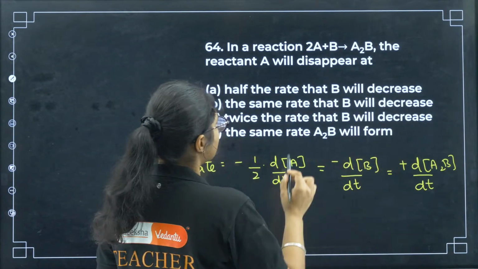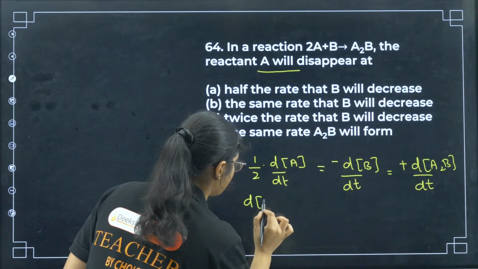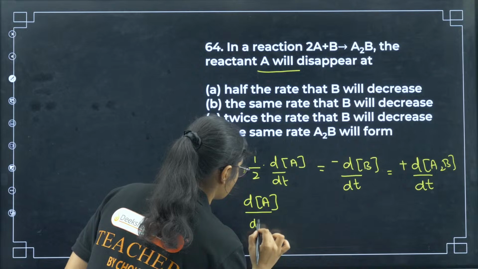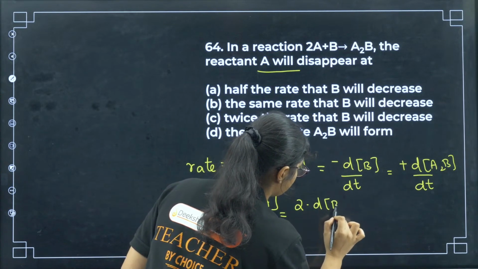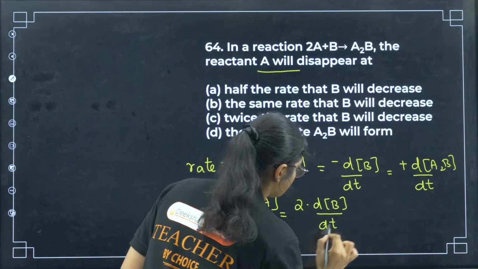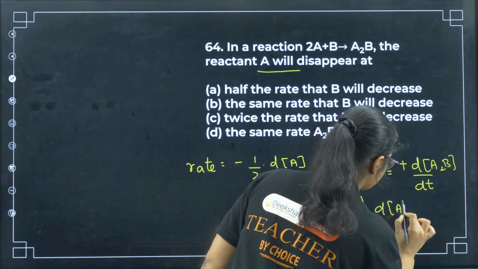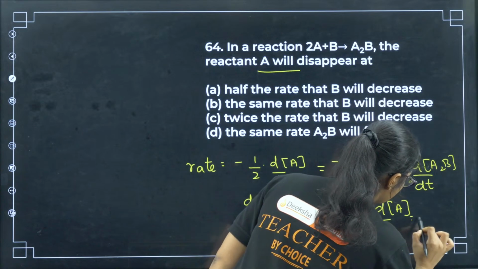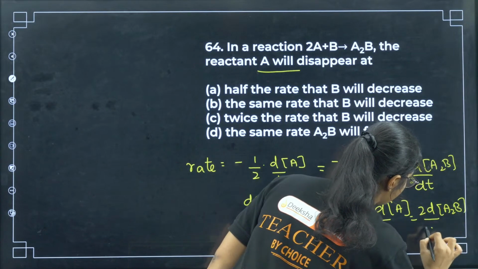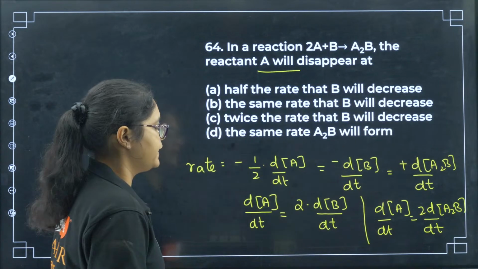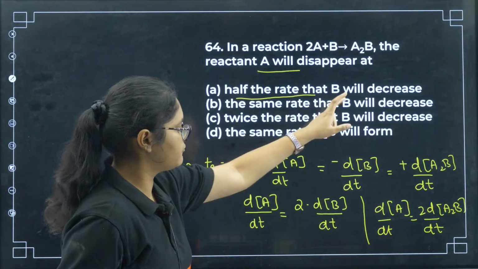So dA by dt will be equal to twice of dB by dt, and also dA by dt is equal to twice of dA2B by dt.